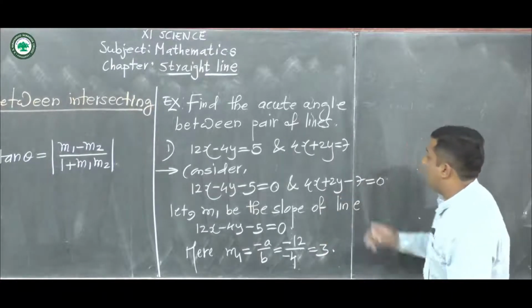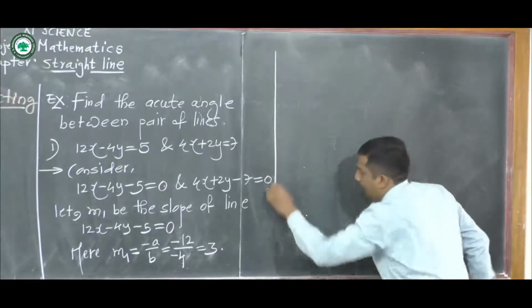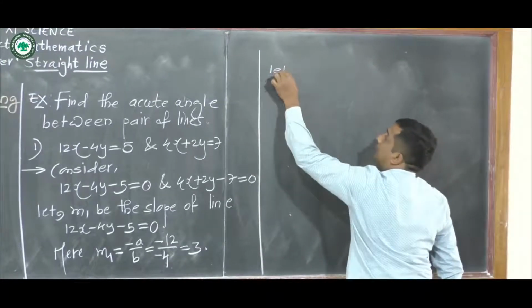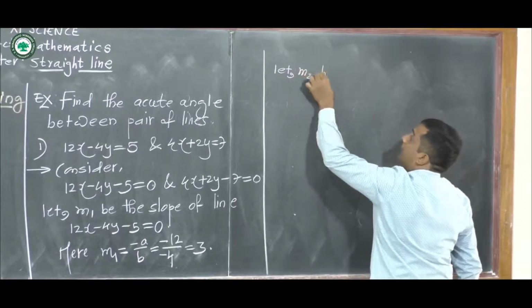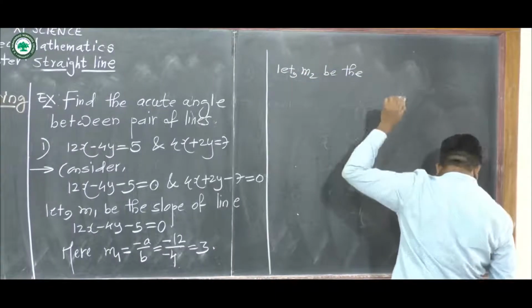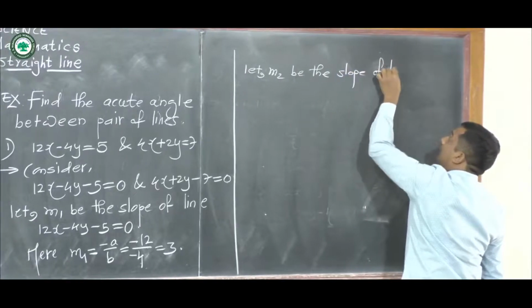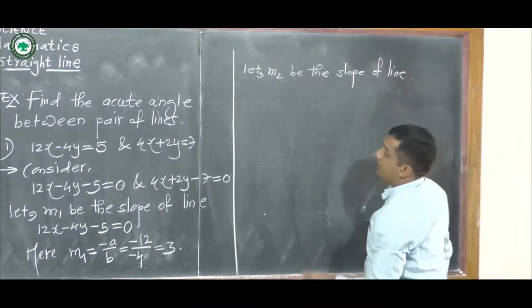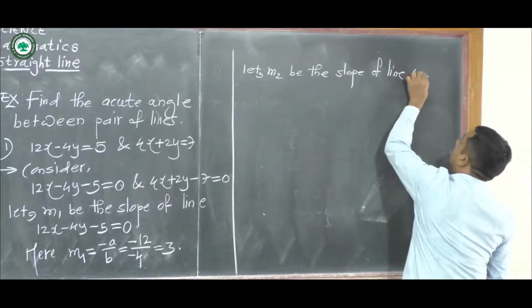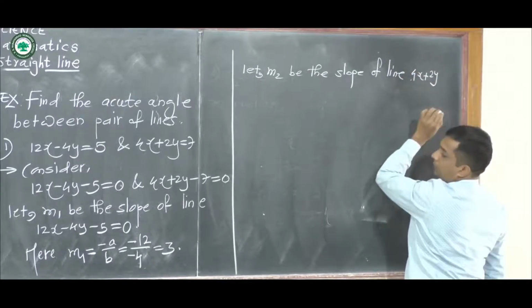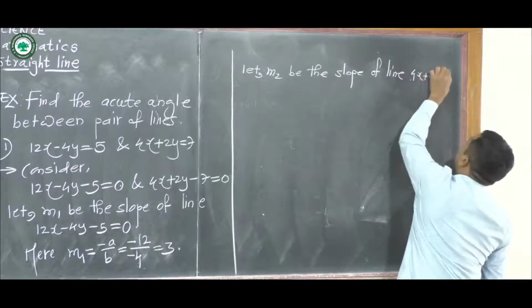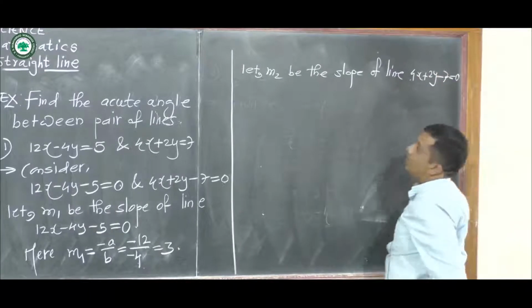Now we consider m2 to be the slope of the second line. Let m2 be the slope of the line 4x plus 2y minus 7 is equal to 0.